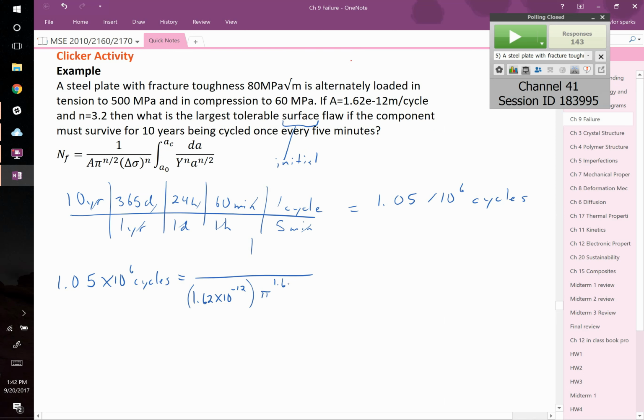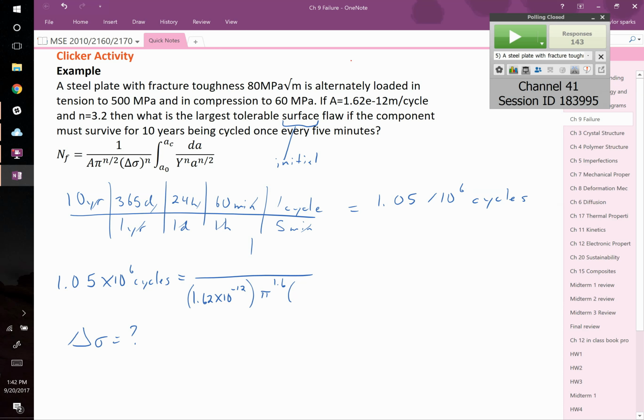The change in stress, what are we going to use for our delta sigma? What's the range in stress? It's going from positive 500 down to negative 60, but the crack only grows during the positive portion. Yeah, question, Spencer? I just considered it from 0 to 500. Yeah, 0 to 500.